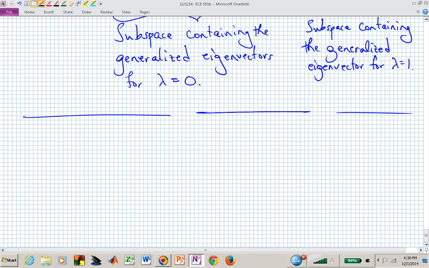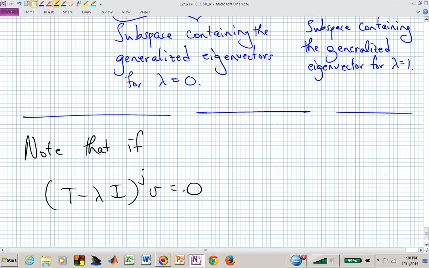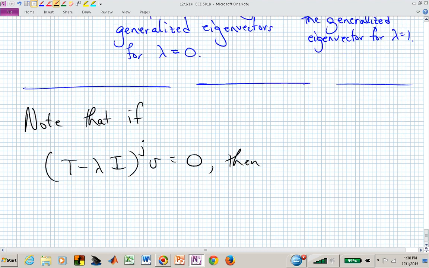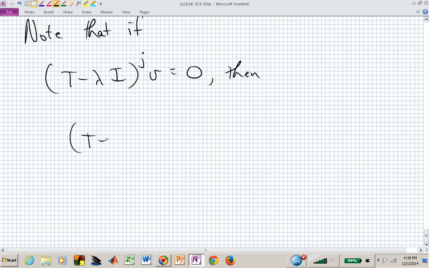One observation that we can make now that we're looking at different powers of T minus lambda I, if we have T minus lambda I to the j v equal to 0, can we say anything about T minus lambda I to the j plus 1, raised to 1 more power, and then operating on v? That's 0, right?